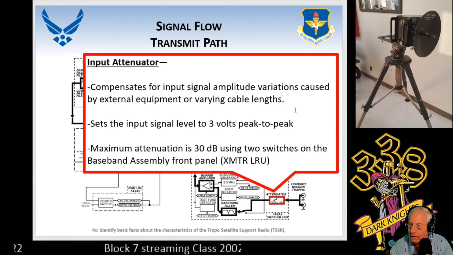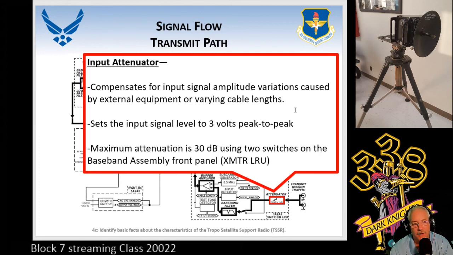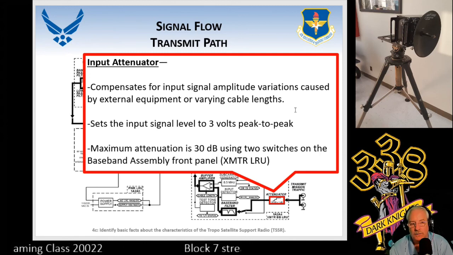But let's say you're in a deployment and your tent is a couple hundred feet away. That's a long cord. So by the time it gets to the front end of the baseband assembly, it doesn't have to bring it down. So it's basically a setup for how much you're going to send down the line and, when it finally gets to the Tisser, whether or not you need to bring it down.